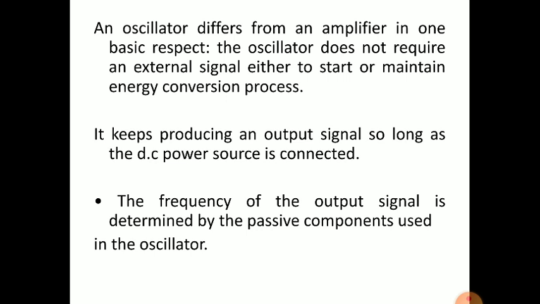So it does not require any external signal either to start or maintain the energy conversion process. It keeps producing an output signal so long as the DC power source is connected. The power source, whether AC or DC, because we have portable function generators also. There we have the DC source, a battery will be there.